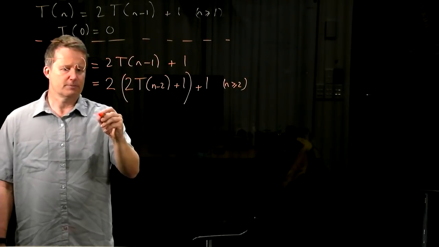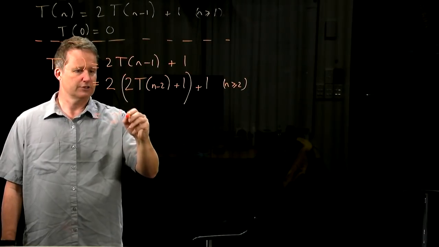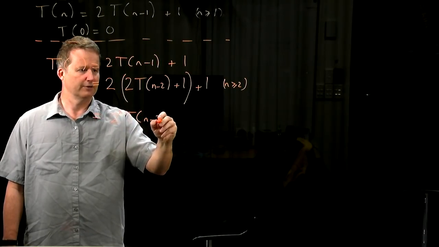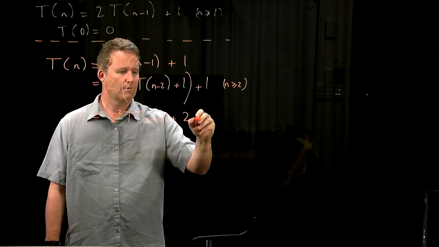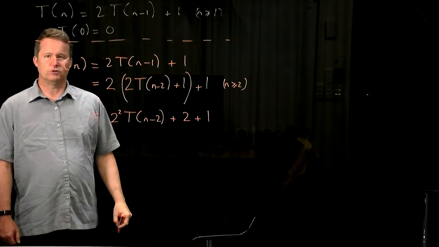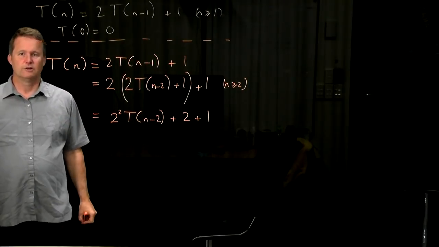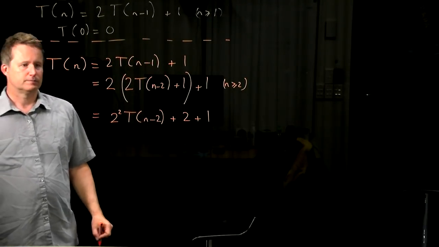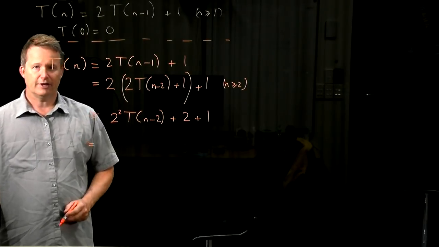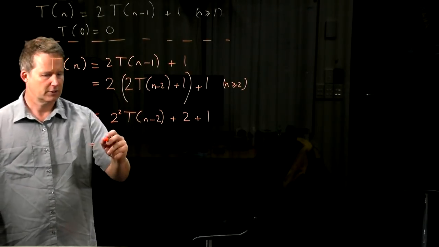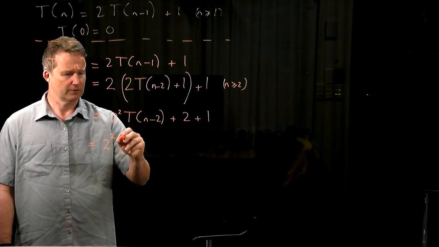And when I expand this out, I'm going to write it like this because I want to see a pattern later on. It doesn't really matter how you do it, but I won't do all the simplification. We'll keep it like that. And in fact, we can keep doing that. So let's assume n is at least 3, for example.